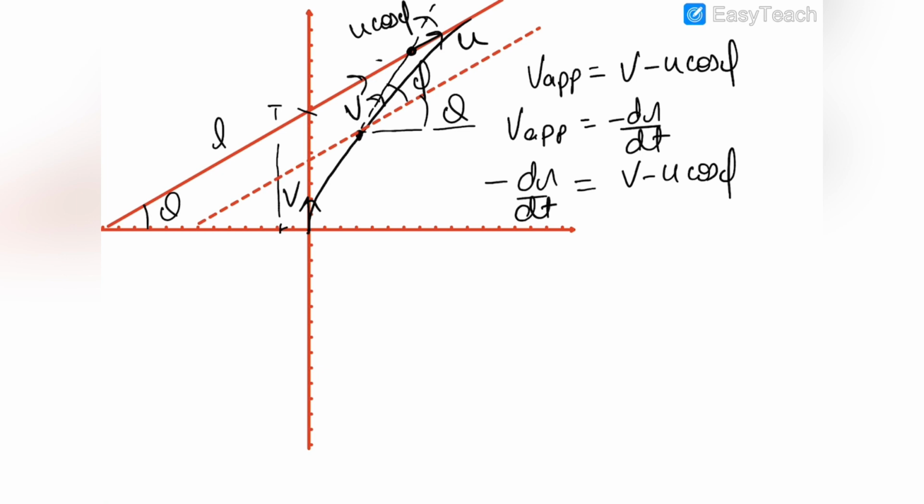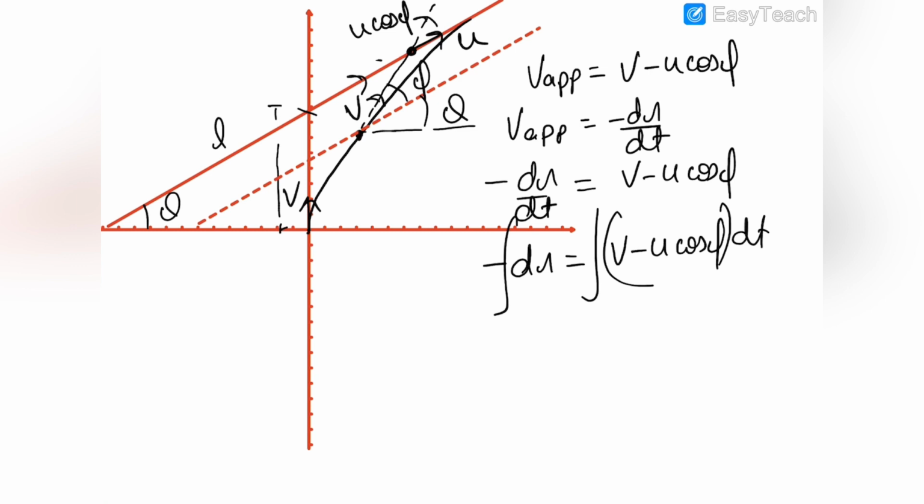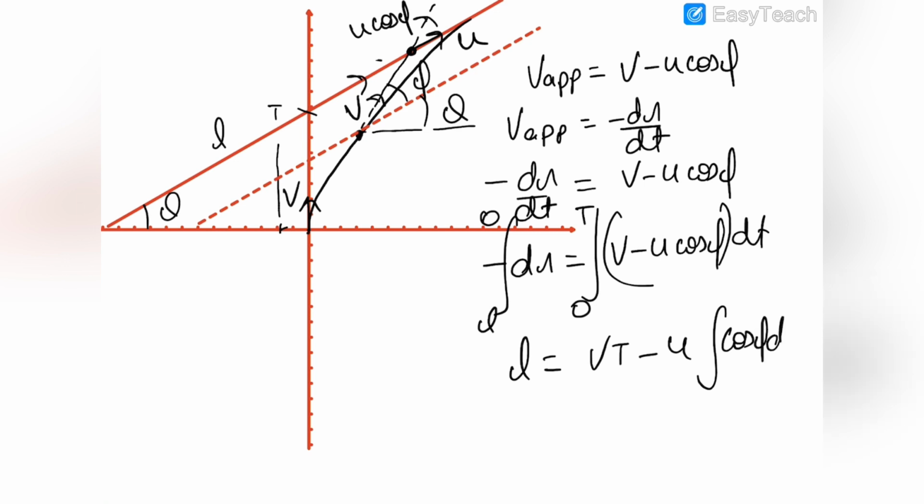So dr with a negative sign is equal to (v minus u cos phi) dt, and integrating both the terms, the initial distance between them was L, and finally it became 0, so time is 0 to t. So L is equal to vt minus u integration of cos phi dt, limit from 0 to t.